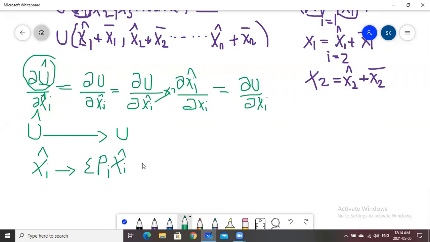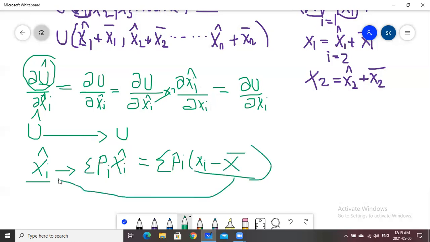Because this is xi hat, the net demand function, it should be equal to summation pi times what comes in place of xi hat? It should be xi minus x bar. Xi minus x bar generally refers to this xi hat.